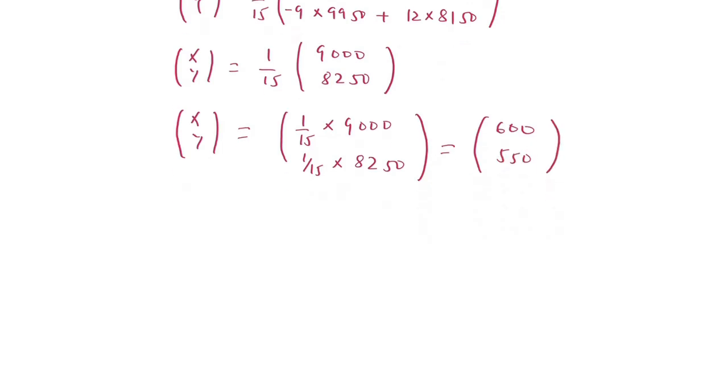So next we are going to compare the elements from both sides. Then we have x equals 600 and y equals 550. Therefore, the price of one bottle of Coca-Cola is 600 and the price of one bottle of Pepsi is 550.